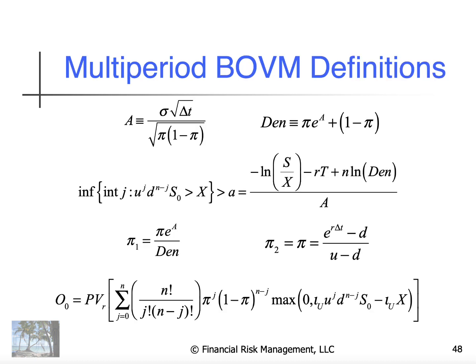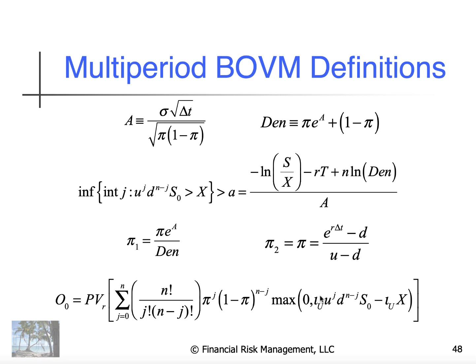If we solve for the multi-period binomial, you can check the text to validate these results. But basically, the option value is going to be the present value, discounting at the risk-free rate, of the sum of the probability of a particular outcome times the particular outcome.